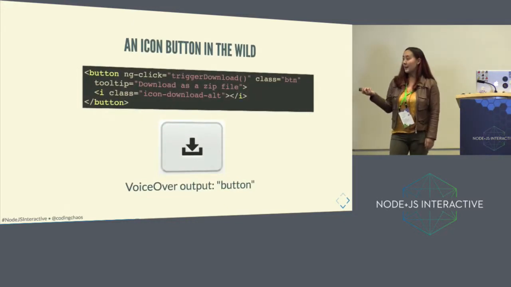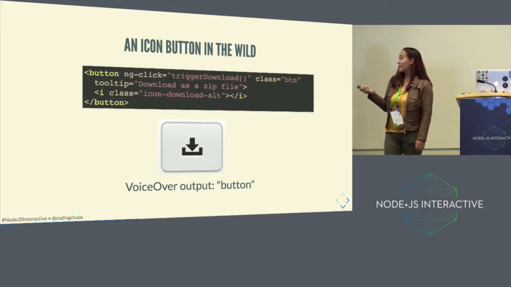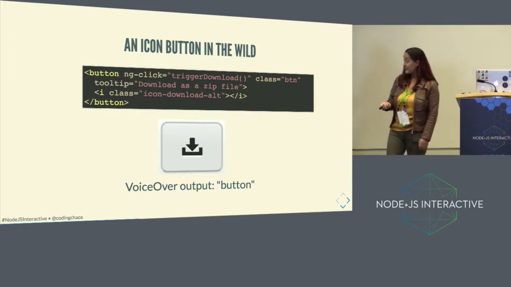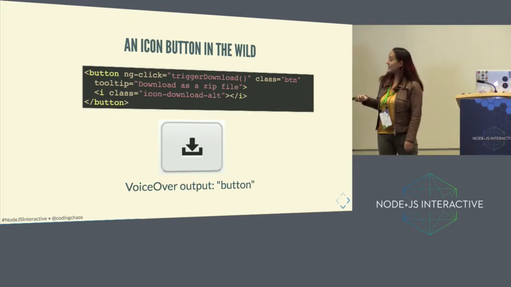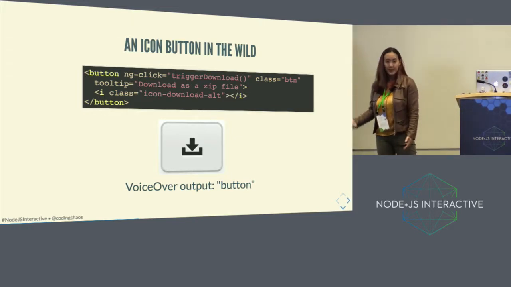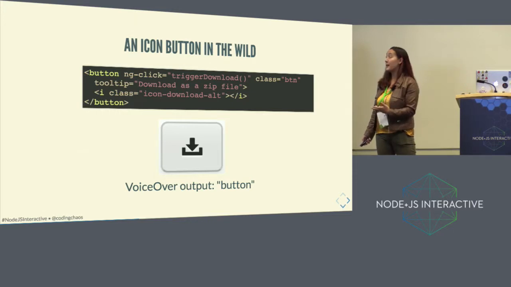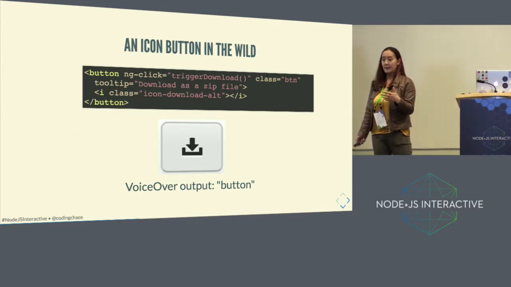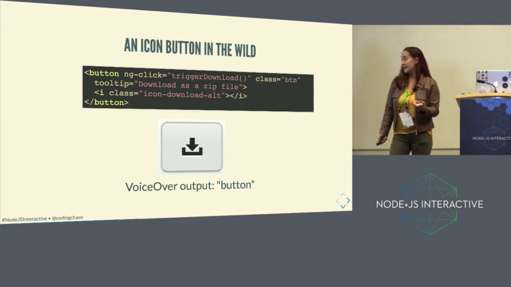This is a download button from a pretty popular code sharing site that will remain nameless. If you can't see the code, it's using a button element, which is good. It's discoverable by keyboard. It has a click event, which is also operable by keyboard because it's a button element. But then it has this custom attribute, a tooltip, that says download as a zip file, and it has an I element that's displaying this download icon as a font glyph in a pseudo element in CSS.